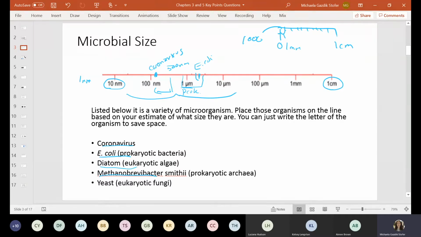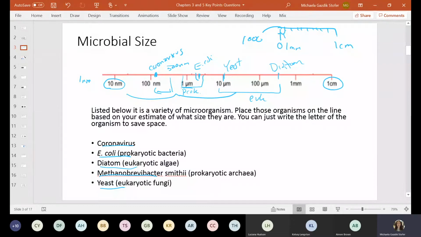Next on our list were diatoms. Diatoms are eukaryotic algae, and they are up at about 500 micrometers. Whereas your yeast, which are a eukaryotic fungi, are at about 10 micrometers. And that just shows you the breadth of the eukaryotic microbes. They're typically somewhere between 10 micrometers and somewhere under 1 millimeter.